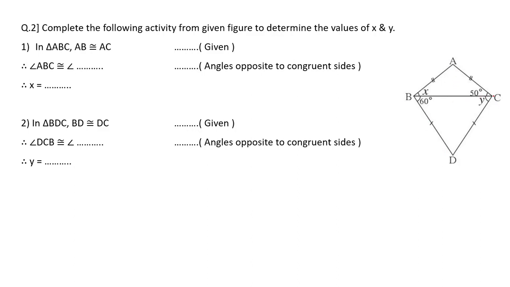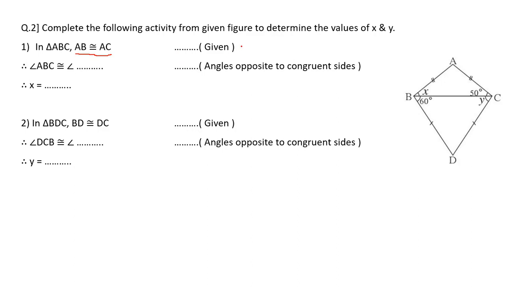In ABC, AB is congruent to AC, and in DBC, BD is congruent to DC. On that we complete this activity. In triangle ABC, AB is congruent to AC.